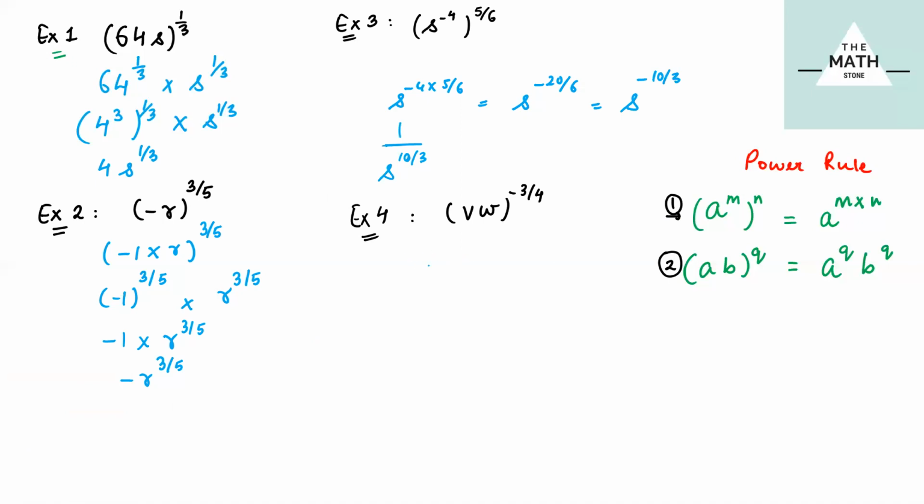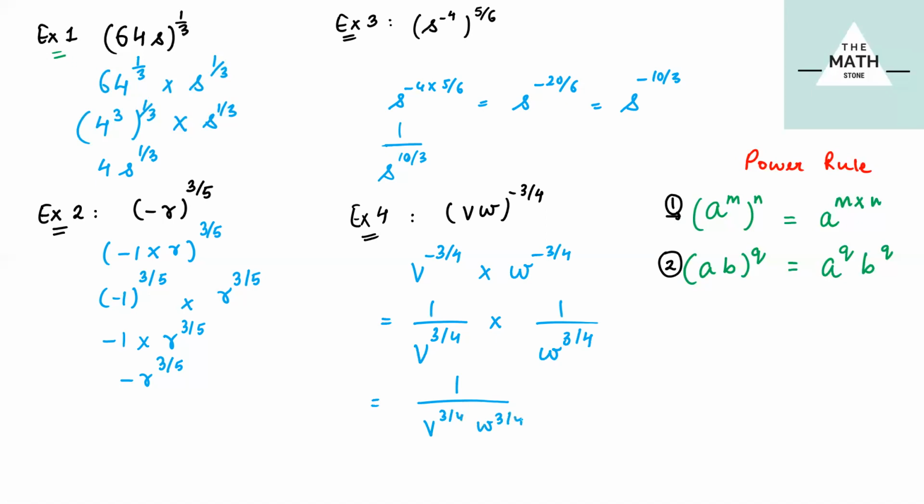So I will get V raised to -3 over 4 times W raised to -3 over 4. So this becomes 1 over V raised to 3 over 4, and this becomes 1 over W raised to 3 over 4. So it can also be written as 1 over V raised to 3 over 4 and W raised to 3 over 4.